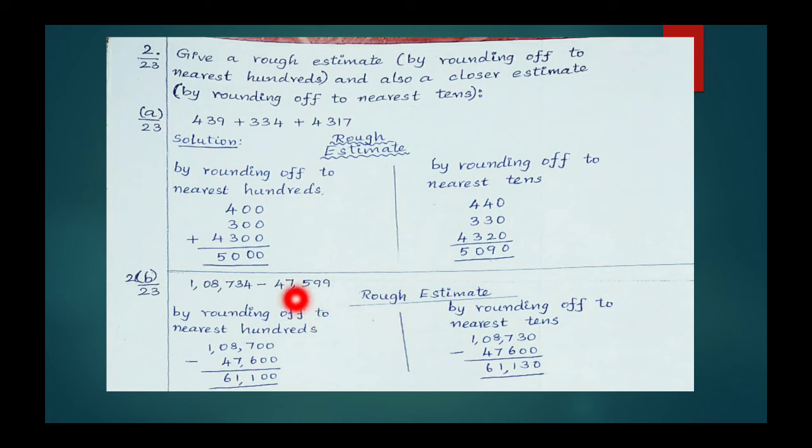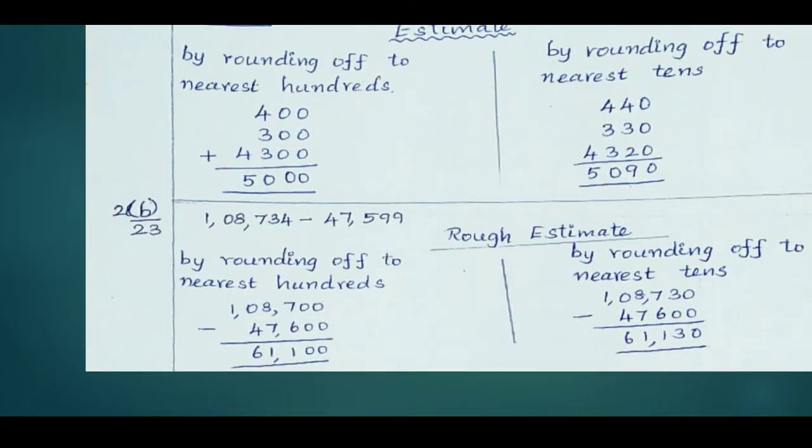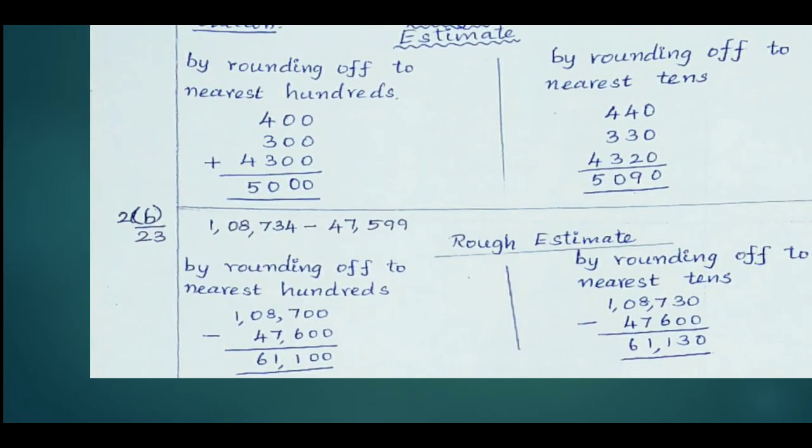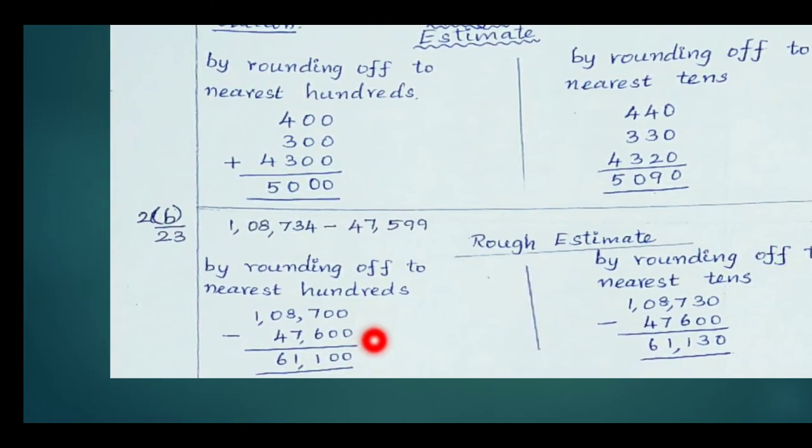Next, 47,599. 599 only should be considered. It is greater than 550. It lies between 500 and 600. And it is greater than 550. So 599 should be rounded off to 600. Okay. So the difference is obtained 61,100.